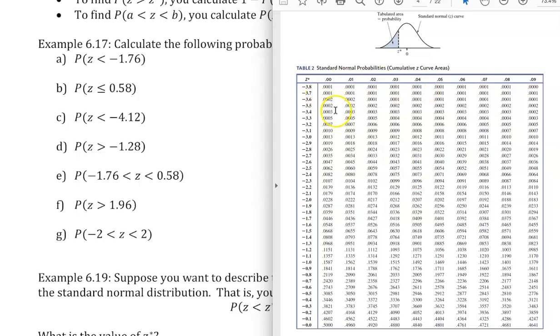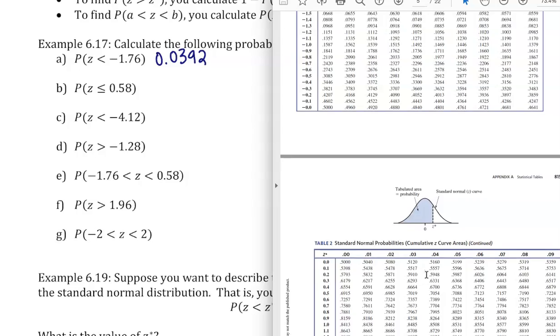So -1.76, you'll start at the -1.7 row, and then you go to the 0.06 column, and your answer is 0.0392.